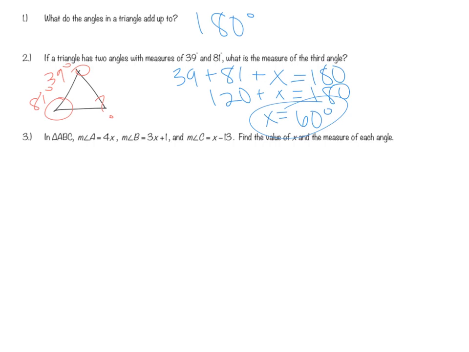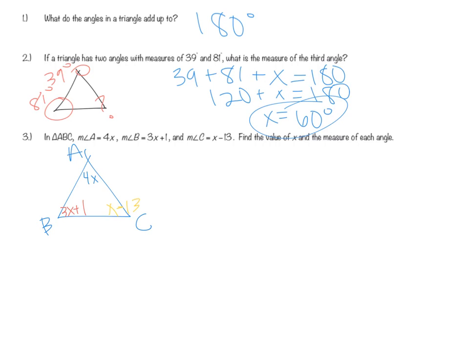All right, so if you have triangle ABC, so let's make triangle ABC. So the measure of angle A is 4x. The measure of angle B is 3x plus 1. And the measure of angle C is x minus 13. Find the value of x and the measure of each angle. So we need to talk about what we know.